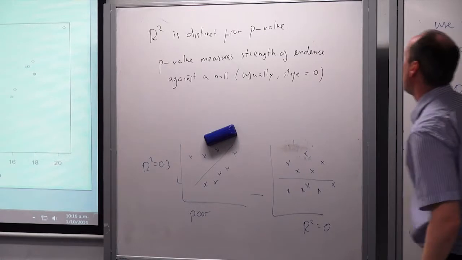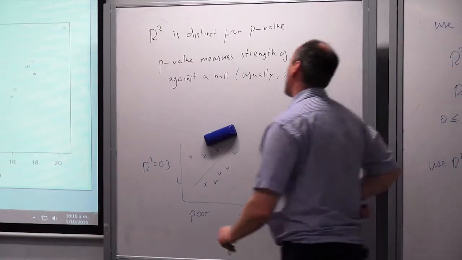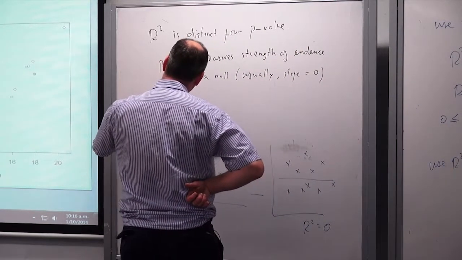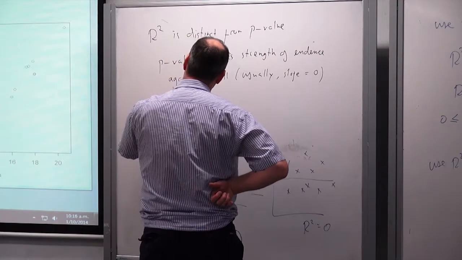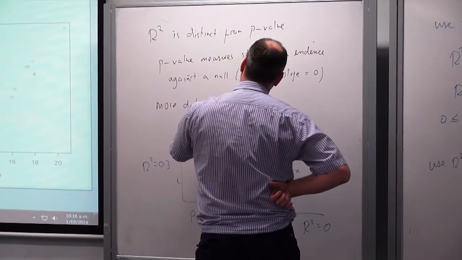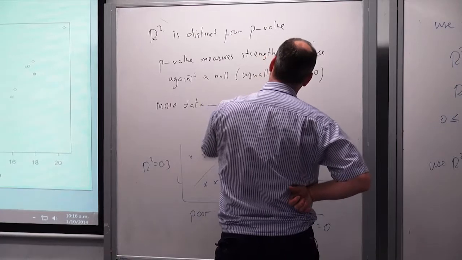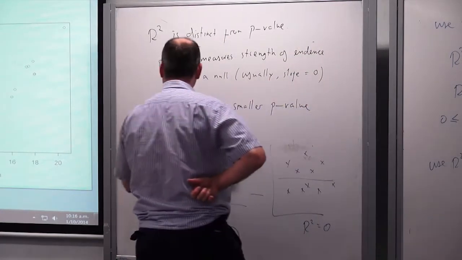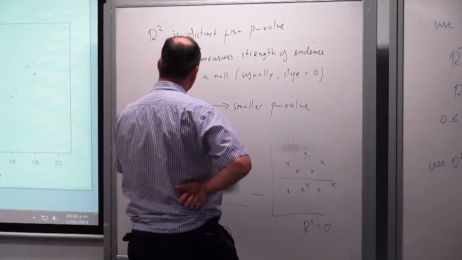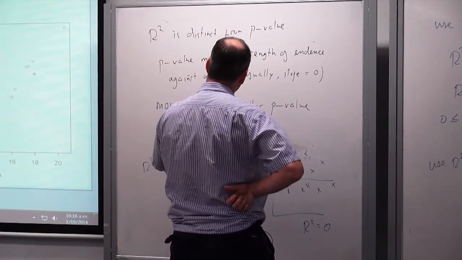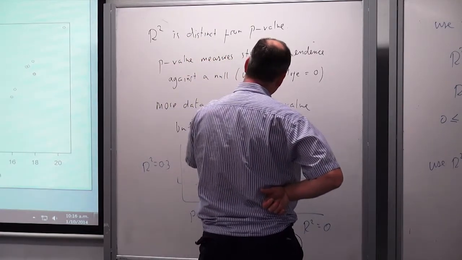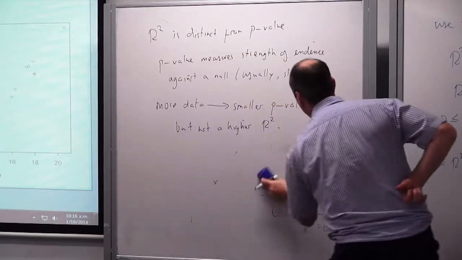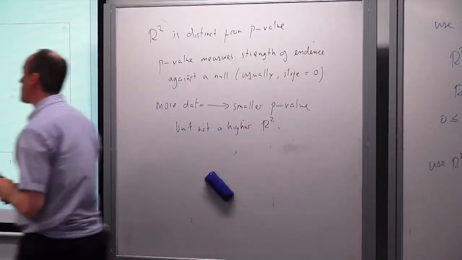Usually that the slope is 0. So more data gives a smaller p-value, but not necessarily a higher R squared. And I'll illustrate that numerically.